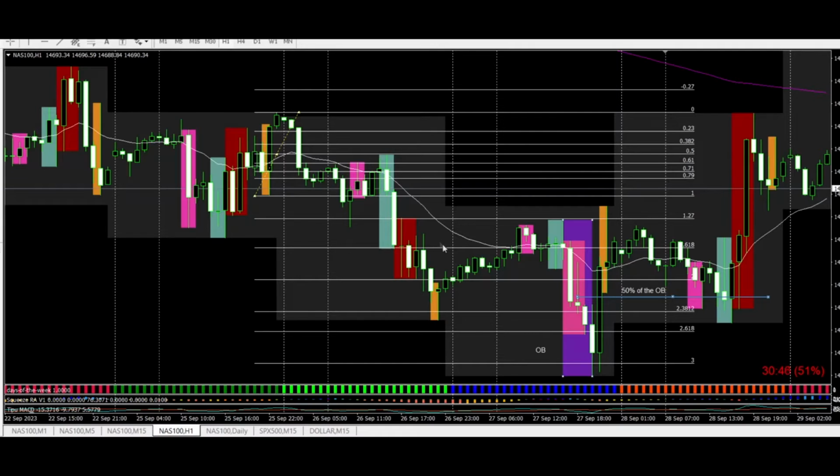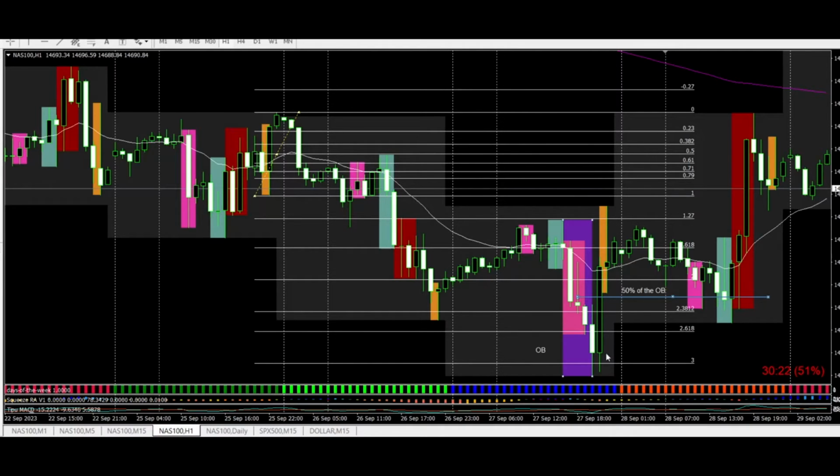And a lot of times what price does is it goes deep, and you see this 2.3812 level. That's normally where you're going to get your reversal. But you'll get a lot of times price moving way past that just to make sure that it grabs anybody's stop loss.